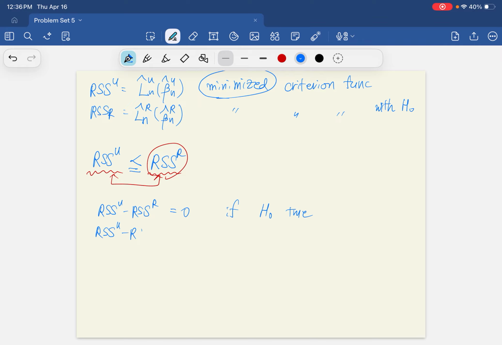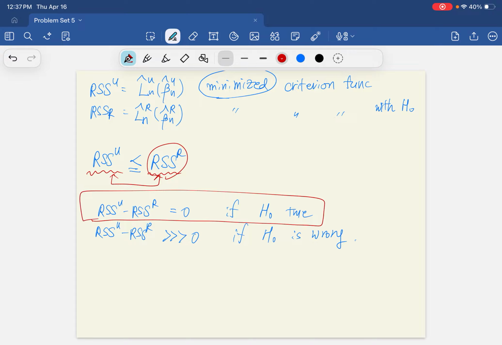But the difference will be much larger than 0 if H0 is wrong. This is the intuition, right? We'd like to show the distribution of this difference. It should be close to 0, but how close? What is the distribution of the difference? That's what we are going to do.